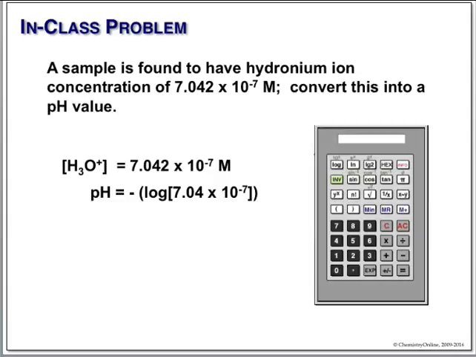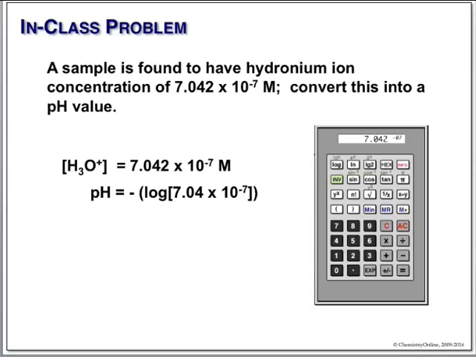Here's my calculator again. Mine is so simple. Here I'm going to type in 7.04 times 10 to the minus 7, the whole number. Then I'm going to find my log button, and I'm going to push it.